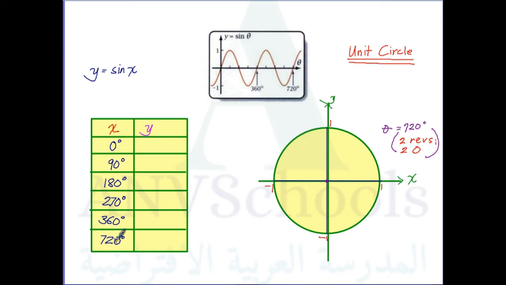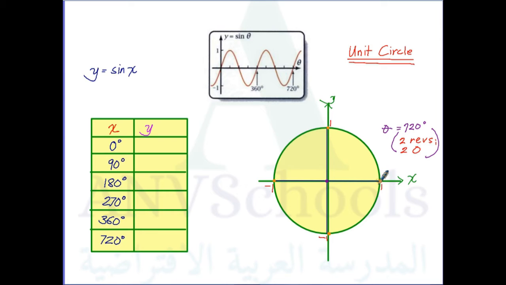As I move along, those points, 0, 90, 180, 270, 360, are the endpoints of the radii from the unit circle. So these are the maximum intervals for the x and the maximum range for the y.